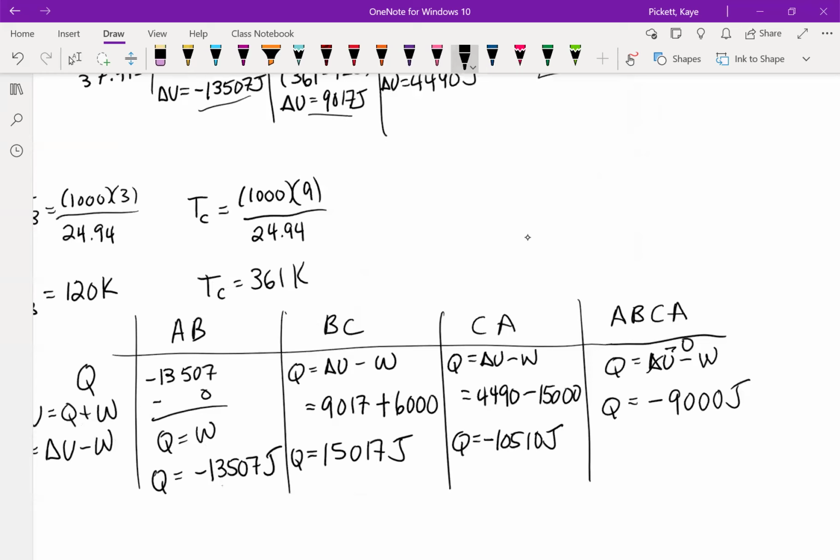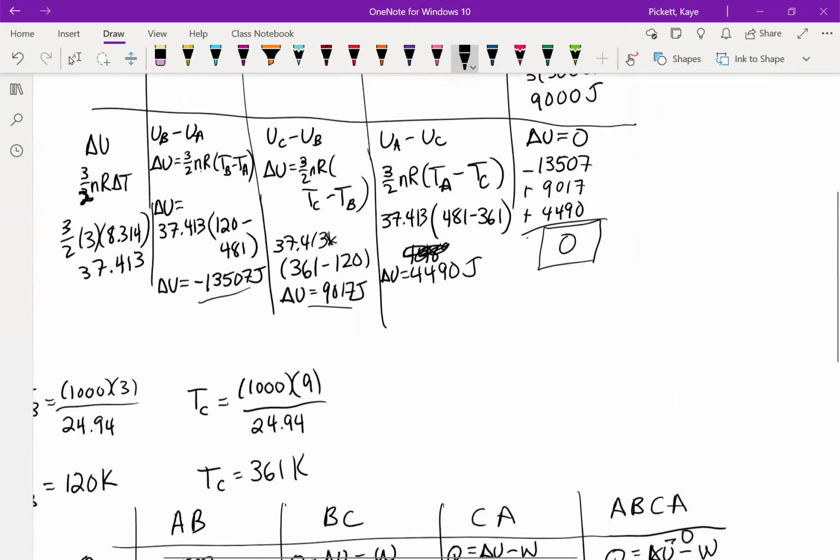If I were to take the heat from each leg of this and add them up, I will come up with negative 9,000 joules. So we are verifying that our cycle is working and it's true. So overall, I have lost energy to the surroundings.